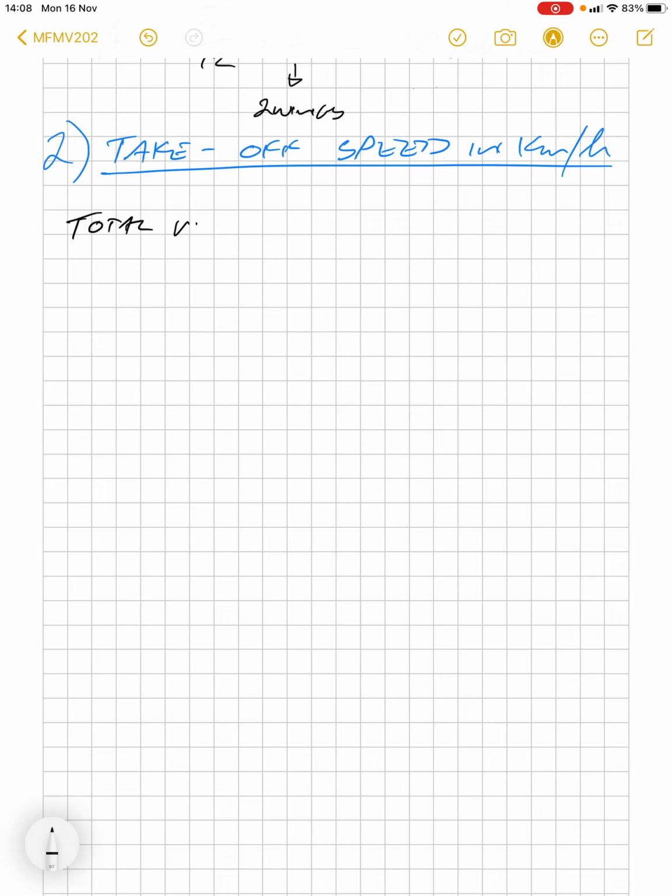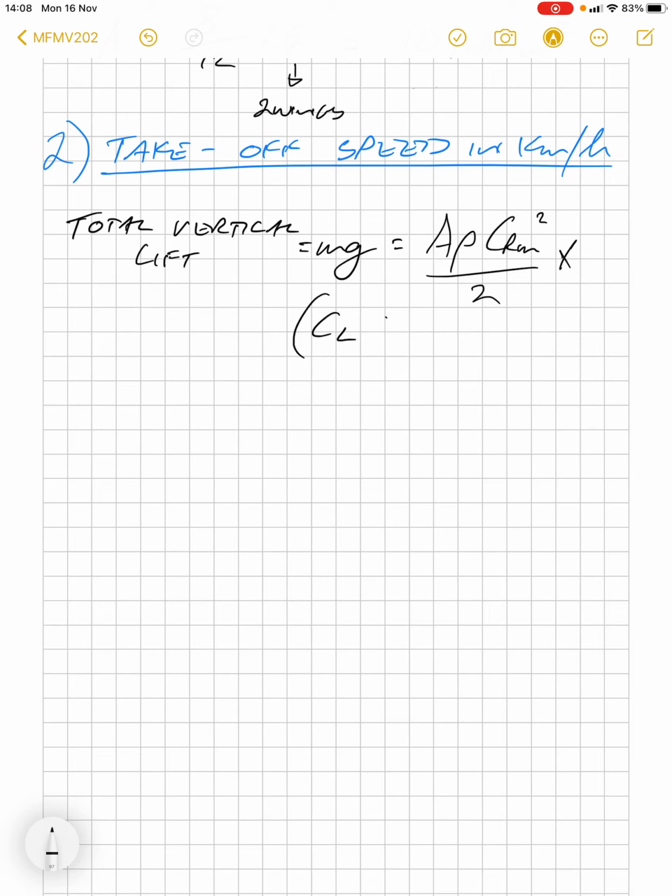So our total vertical lift is equal to mg, or A rho CRM squared over 2 times CL cos BM minus CD sin BM.